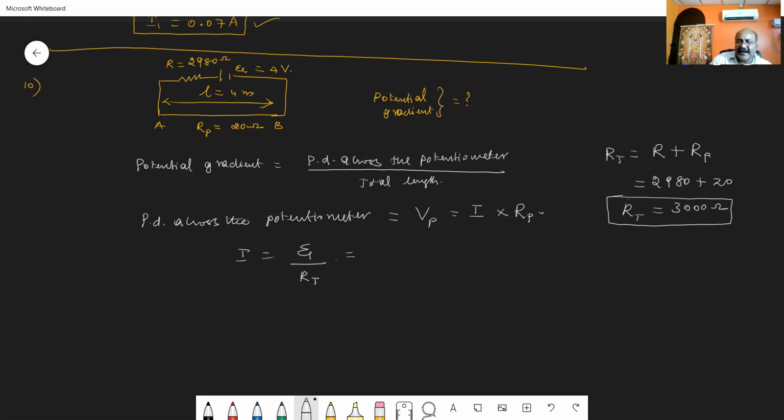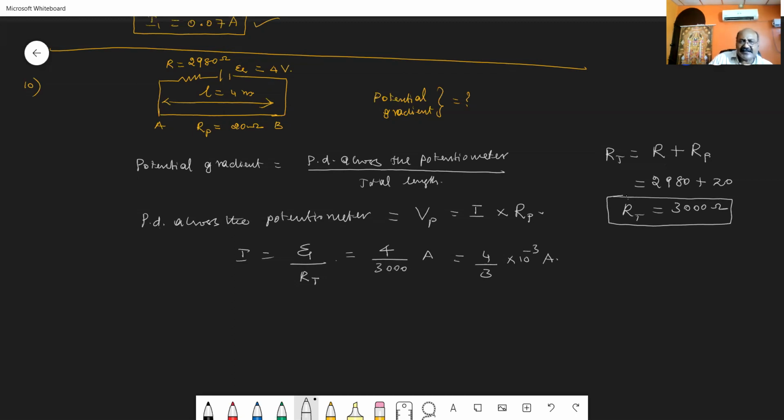Now the current I is equal to EMF divided by total resistance. EMF is 4 volt divided by the total resistance 3000. So I can write this as 4 divided by 3 into 10 to the power of minus 3 ampere as the current.